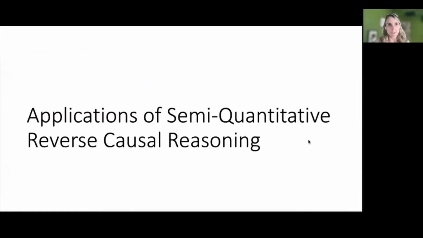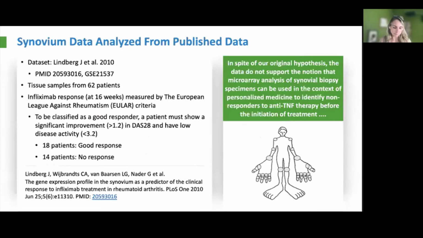Just an example of what this can do: we're looking at a study in rheumatoid arthritis patients, microarray tissue samples from 62 different patients.